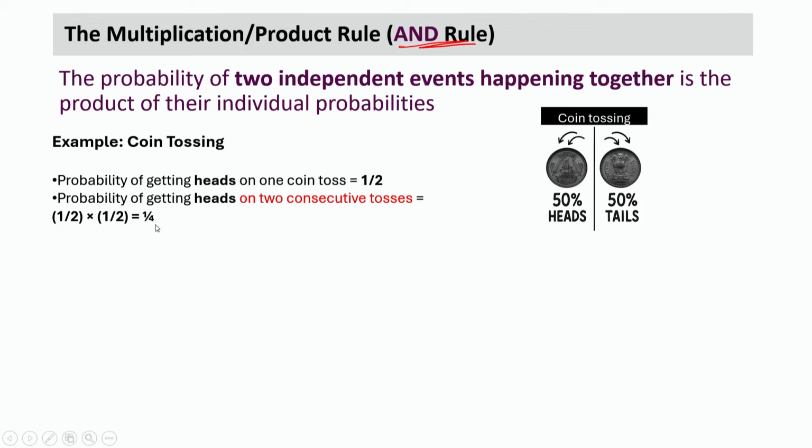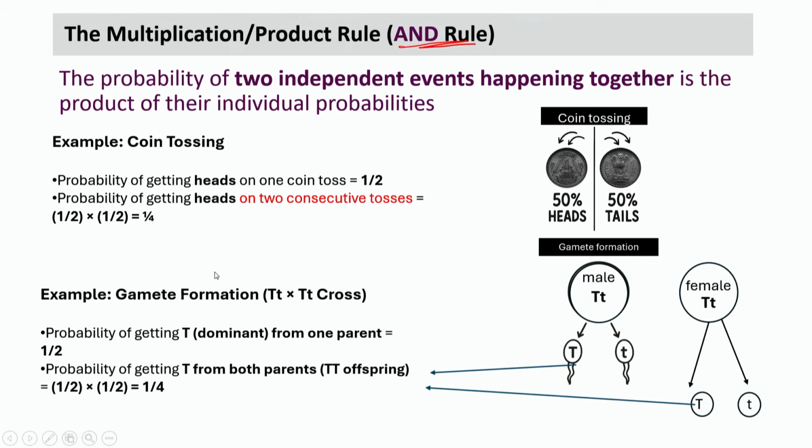Remember that: 2 independent events happening, and in these 2 independent events we are multiplying the probability. Similarly, for genetics, we can see the same thing happening in gamete formation. The male can give capital T or small t. A female can also give capital T or small t.